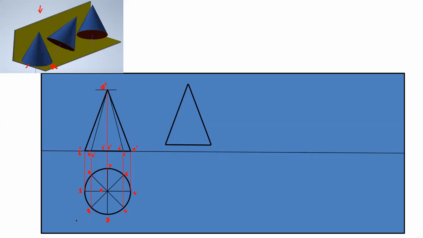So this is your first stage. For the first stage, this is the first step, this is your second step, this is the third step. So this is your second stage.